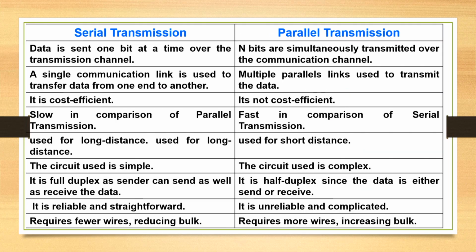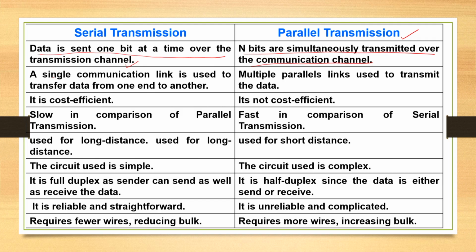So what are the differences between serial and parallel transmission? Obviously, data is sent one bit at a time over the transmission channel in the case of serial transmission, whereas n bits are simultaneously transmitted over the communication channel in the parallel transmission that we have seen in the diagram.